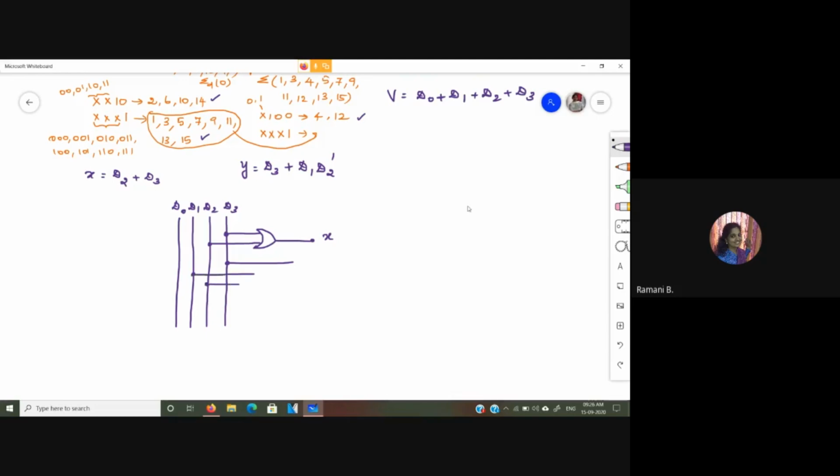So D1, for D2 bar you have an OR gate. So this gives Y, and for V all these are ORed. So you can give all the inputs to a 4 input OR gate, or you can use this OR gate also as one of the combination and give it, no problem with it.